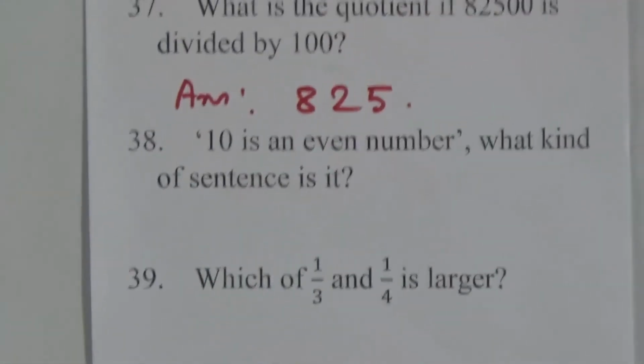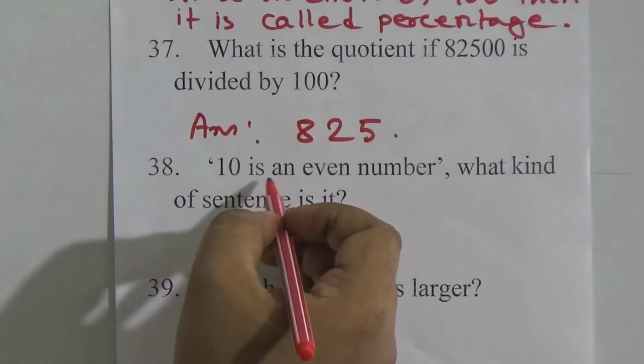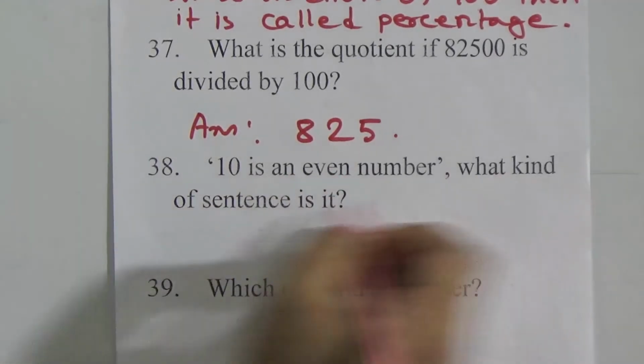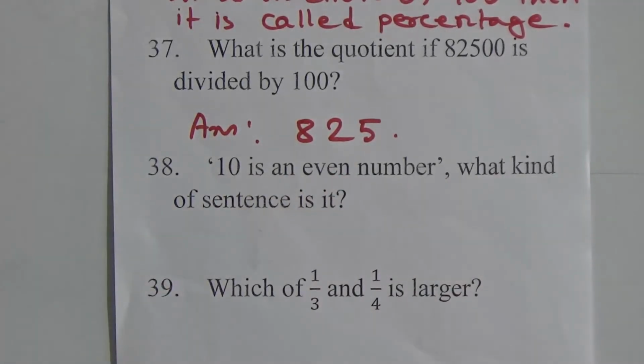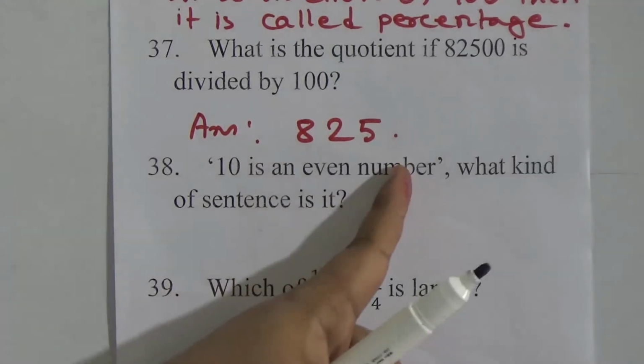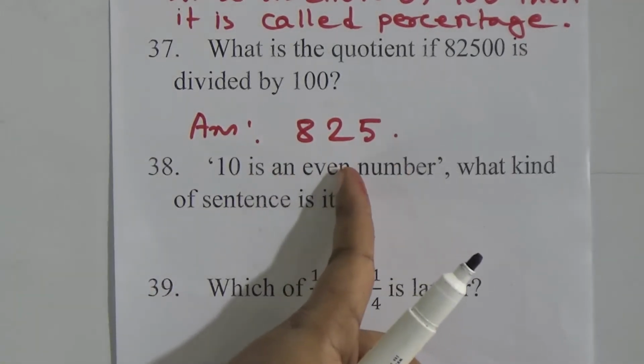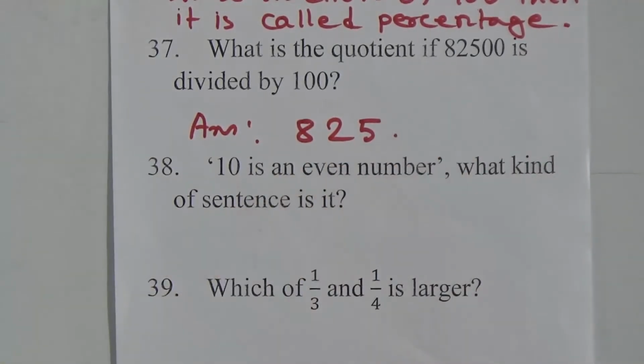Dear student, our next question: 10 is an even number. What kind of sentence is it? Dear student, it must be a mathematical sentence. There are two types of mathematical sentence. What are they? They are open sentence and closed sentence.